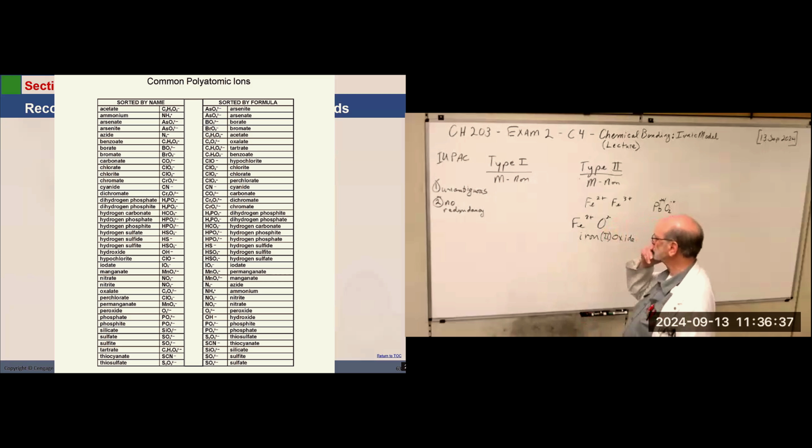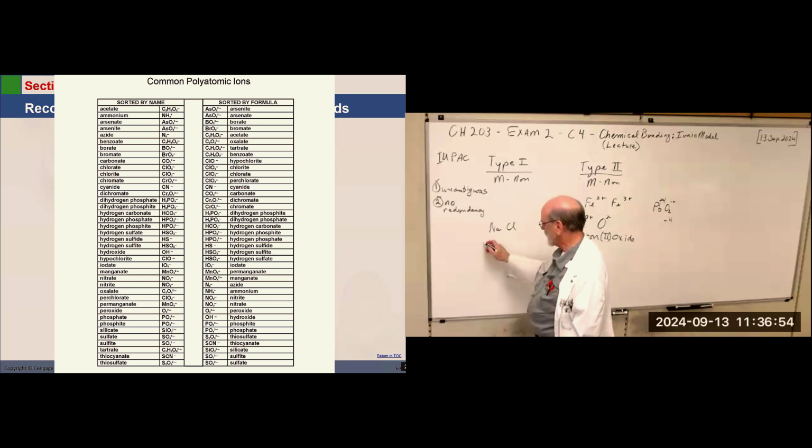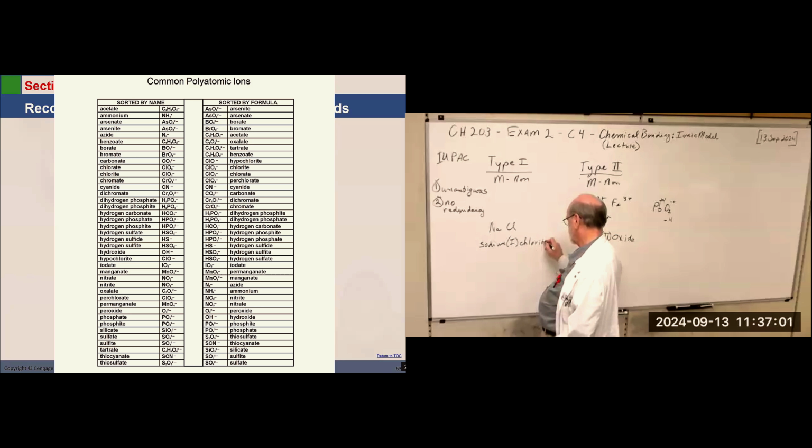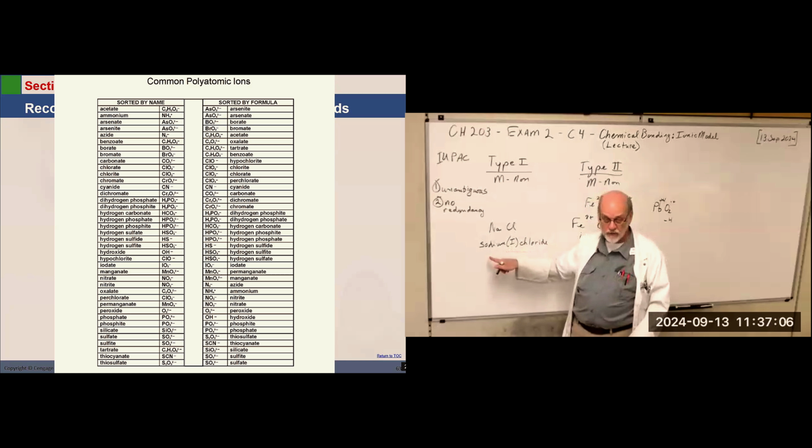See, before we get to that, if we went back over here, speaking of this second rule, non-redundancy, if we had this one and we said sodium 1 chloride, that would be wrong. We don't have to say that because we know sodium is always +1. That would be redundant. That's why we leave it out.